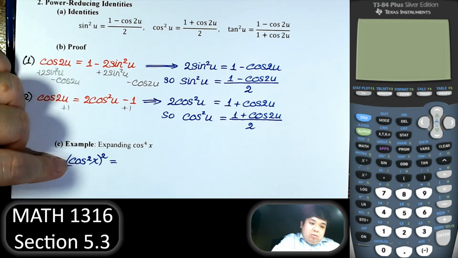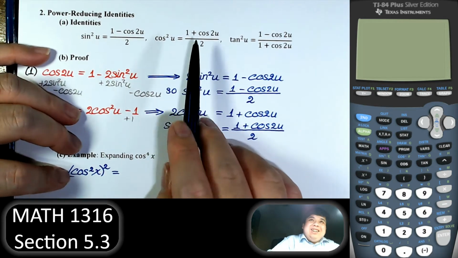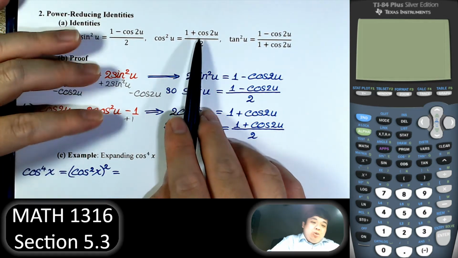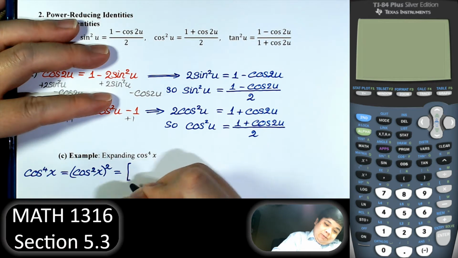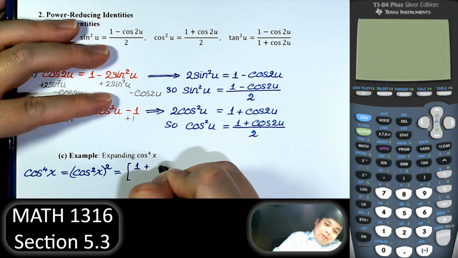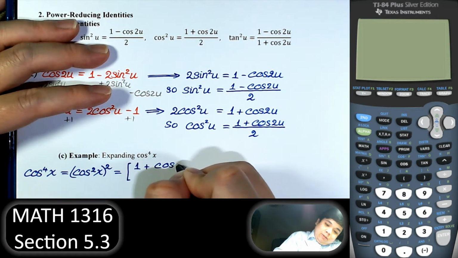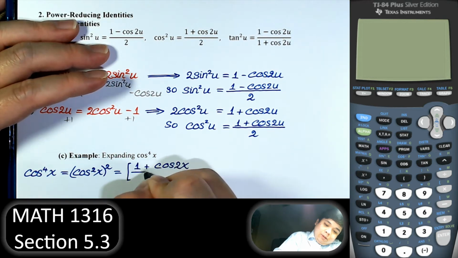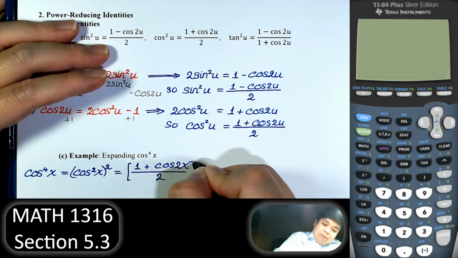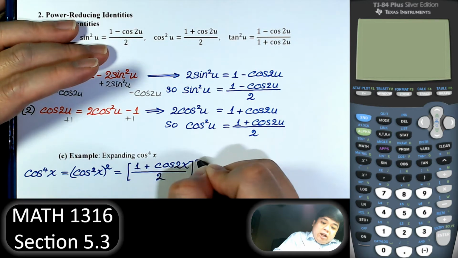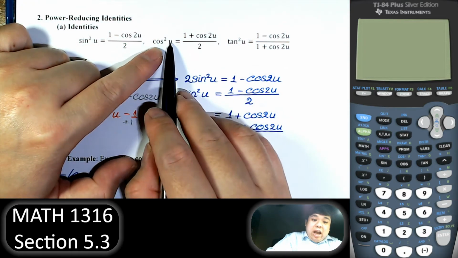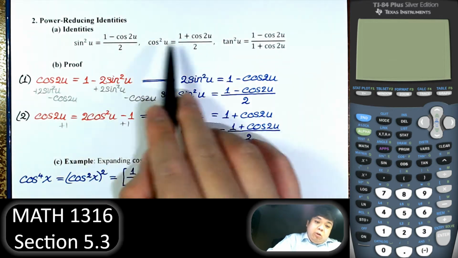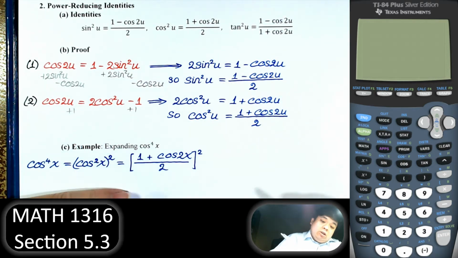We can use, actually there's only one option, this one, right? So we substitute that in for cosine square. Right. So in the power reducing identities, the power will reduce, but the angle is going to be double for both of them, for all of them actually.